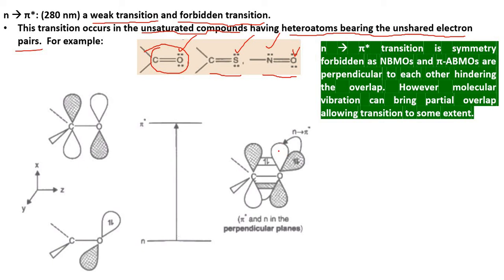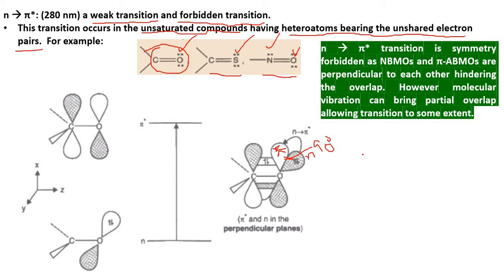This is a pi star orbital, and this one is a non-bonding molecular orbital. These are perpendicular to each other, so the angle between these two would be 90 degrees, and because of this 90 degree angle it hinders the overlapping. That's why this is a weak and forbidden transition. So an electron would not easily pass to that state.